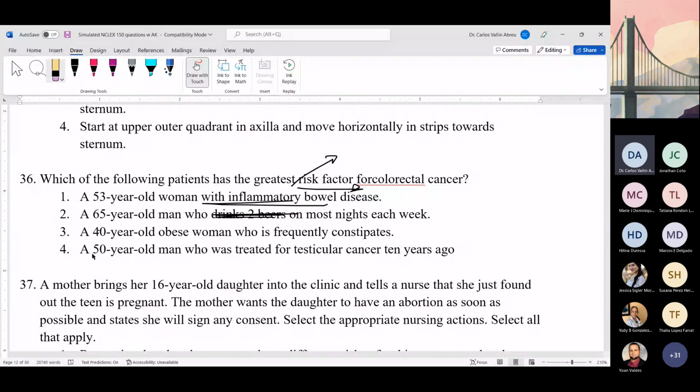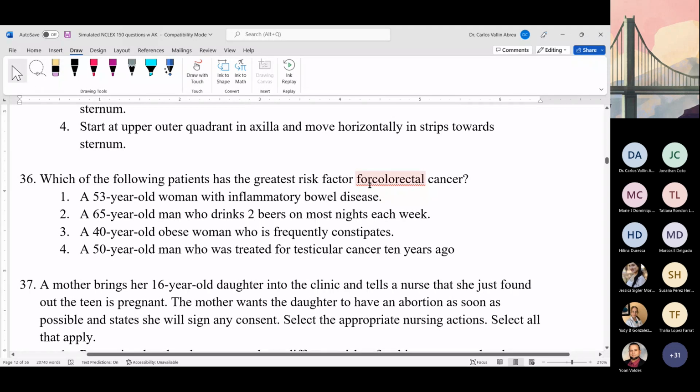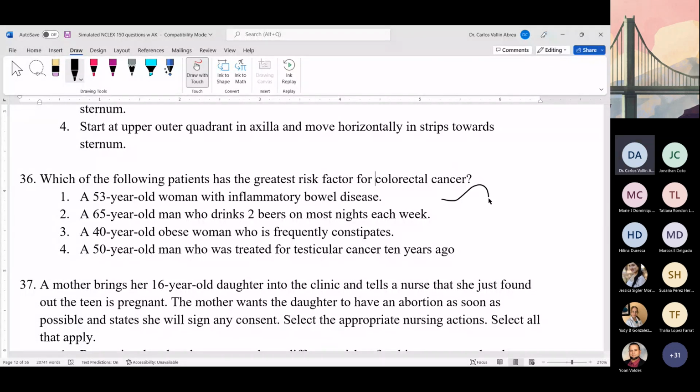So don't forget that. What are the other risk factors for colon cancer? Family history of colon cancer, genetics. And the other risk factor is a history of polyps, those growths that can appear inside the intestine, the adenomatous polyps.